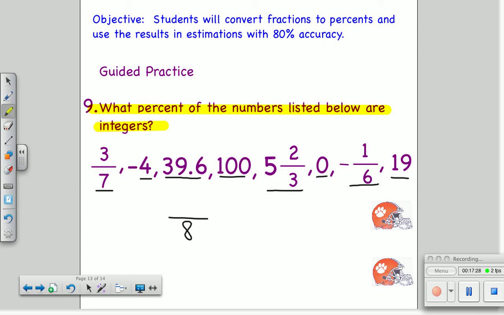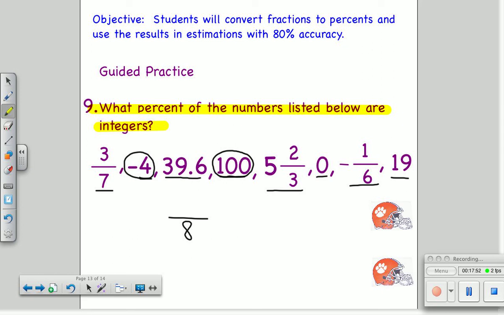How many of those are integers? I'm going to circle the ones that are integers. 3/7 is a rational number, not an integer. -4 is an integer. 39 6/10 is a rational number, not an integer. 100 is an integer. 5 2/3 is a rational number, not an integer.